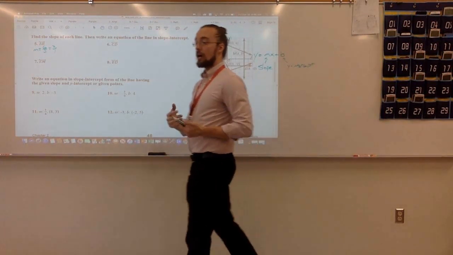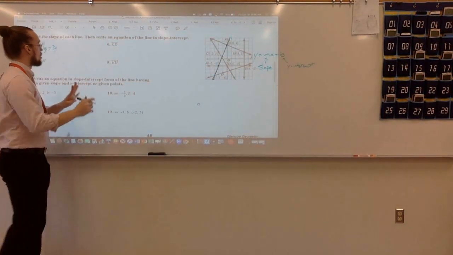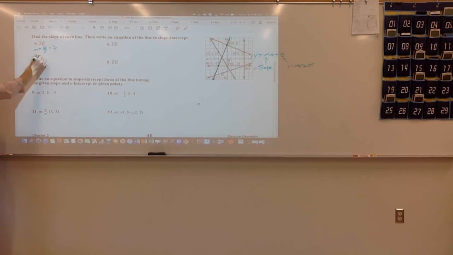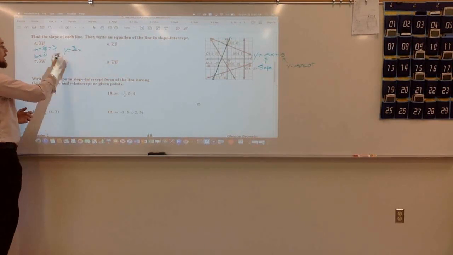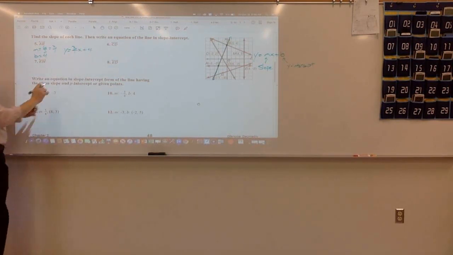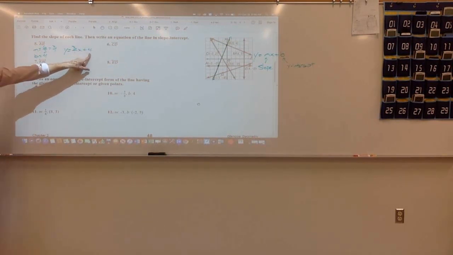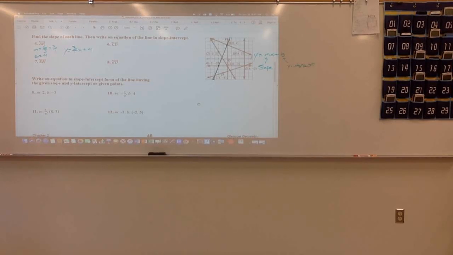So my b value is 4. So my m is 3, my b is 4. To write the equation of the line, I'm going to say y equals 3 over 1x plus 4. My slope goes here, my y-intercept goes here. So that's the equation of this line.